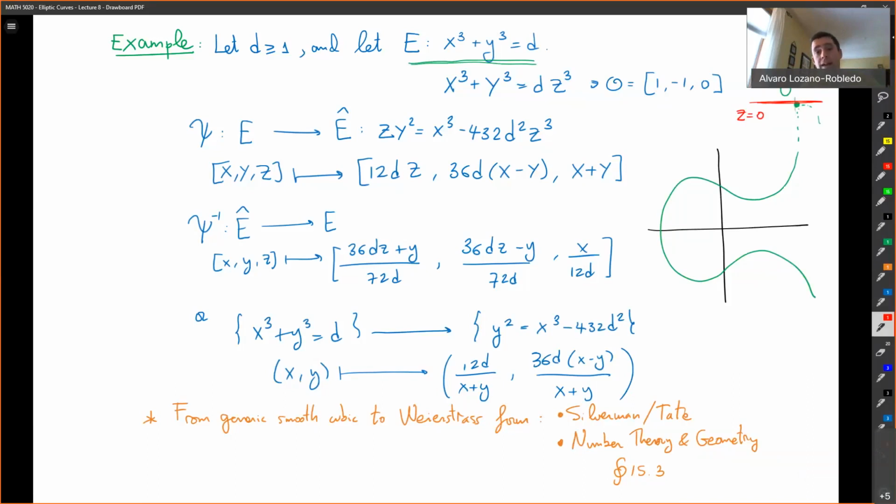So at that point, that's where that characteristic of this form makes it a Weierstrass form. So here there is a triple point of intersection with the tangent line.